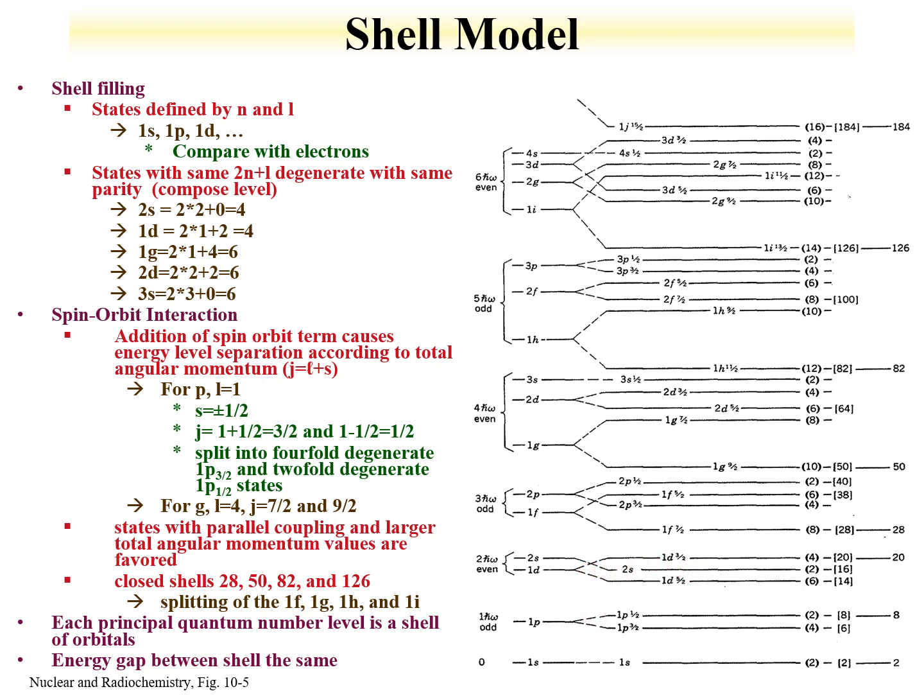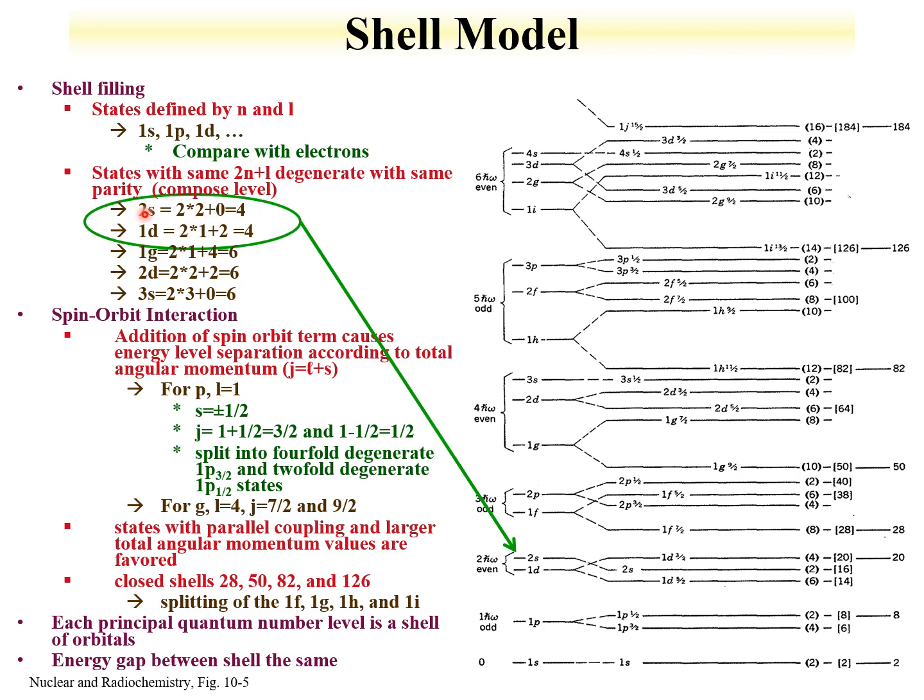Degenerate states: if I take 2 times n plus l, those with the same numbers, so for 1s, the n would be 1, the l would be 0. Those states with the same 2n plus l are going to be degenerate, and they'll be grouped together. As an example, if we look at this state here, which is composed of the 2s and 1d states: for 2s, 2 times 2 plus 0 is equal to 4, right?